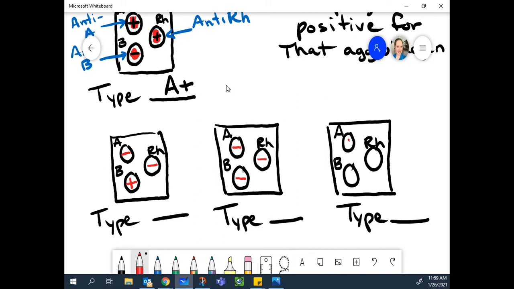And then this one, let's say it clumped in A, it clumped in B, it did not in the RH. So look at those three and let's figure out those blood types. So what do we think this first one is? This is 1, 2, 3. So what type of blood would I say this person had?